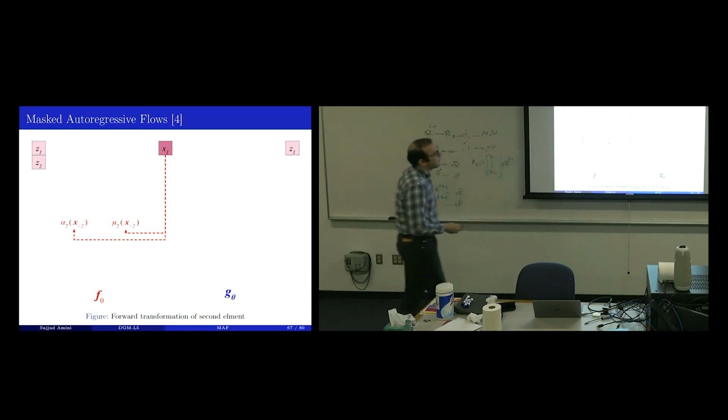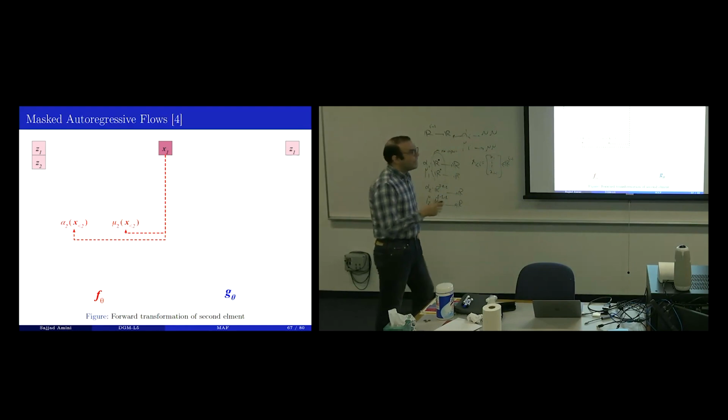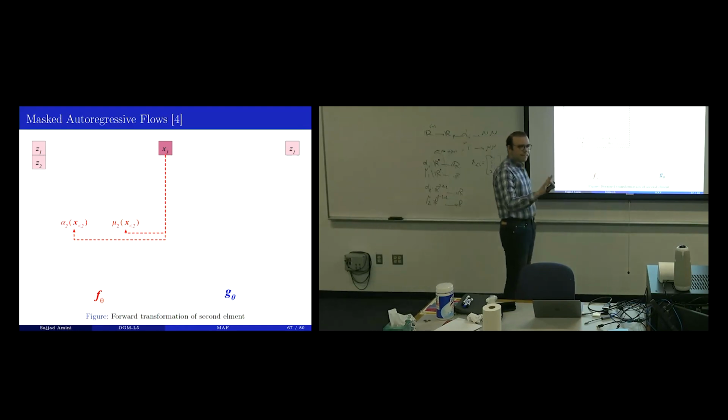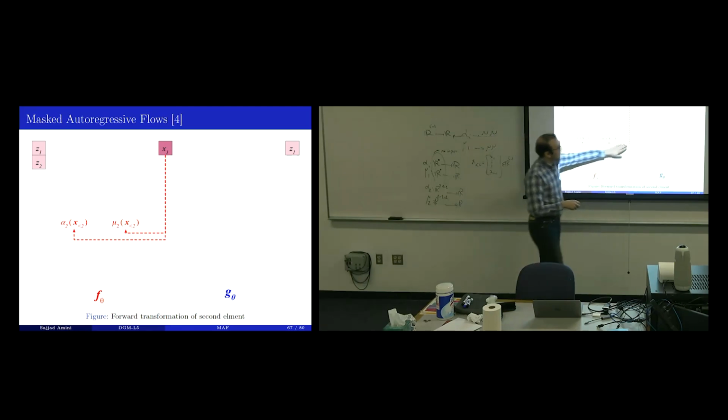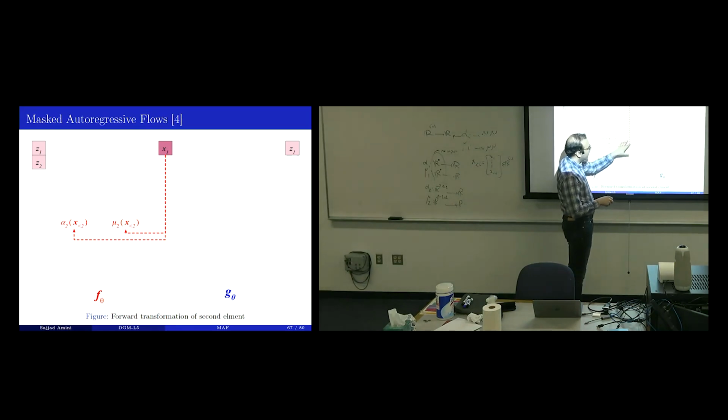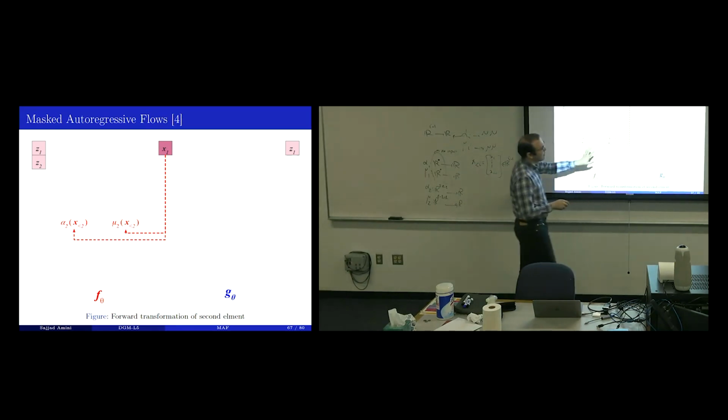Now, pay attention to the second element. The first element is generated, okay? So you can use it. I use the first element as the input to these two neural networks, alpha 2 and mu 2. Both of them take x1 as input and generate one scalar for us. Then I just omit this connection to make this figure simple.